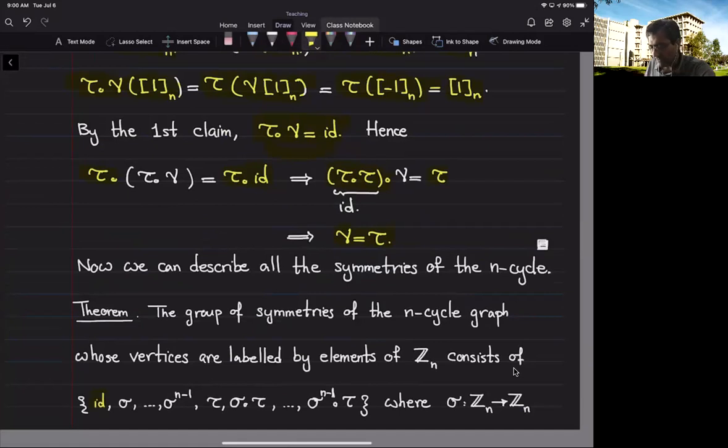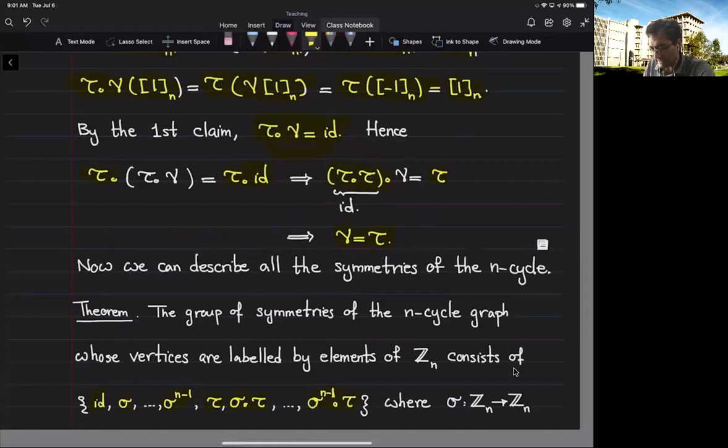It's either identity or a power of sigma, not every power, only the first n-1 powers. Or when we apply tau to these powers, so identity applied to tau, we get tau, sigma applied to tau, sigma squared applied to tau, till we apply sigma to power n-1 to tau. We end up getting 2n elements, and these are all the symmetries of the n-cycle. And in fact, all of these are distinct.